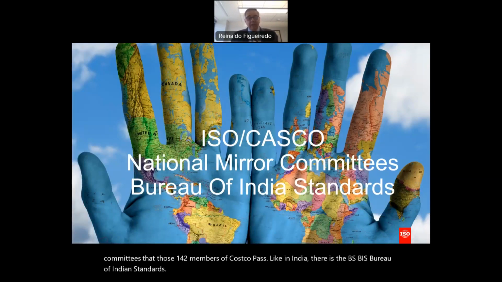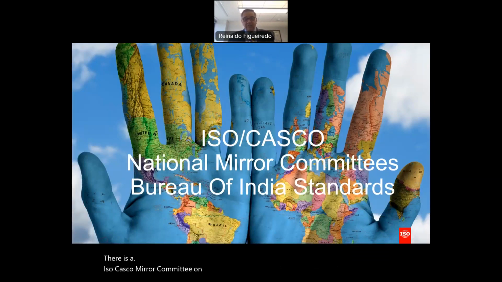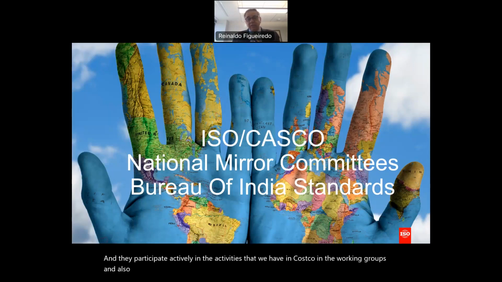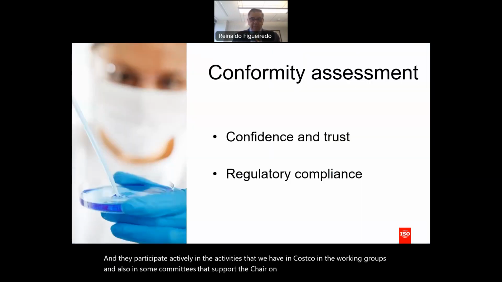There is an ISO CASCO mirror committee in your national standardization body, and they participate actively in the activities that we have in CASCO, in the working groups, and also in some committees that support the chair and the vice chair. So conformity assessment brings confidence and trust, and also in some situations, supports regulatory compliance.